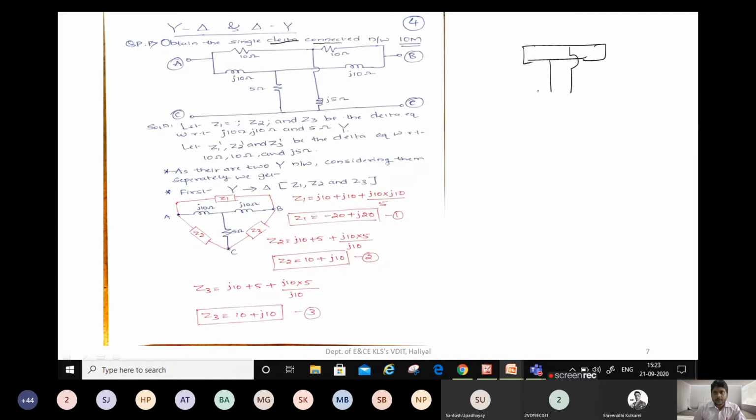So J10 ohms, 5 ohms, and J10 ohms. Okay. So if you put a network over here, so you get the equivalent delta here. Okay, so here to here and here to there. So I've shown it here for understanding.